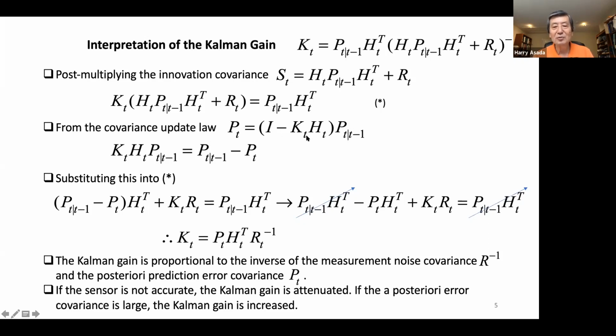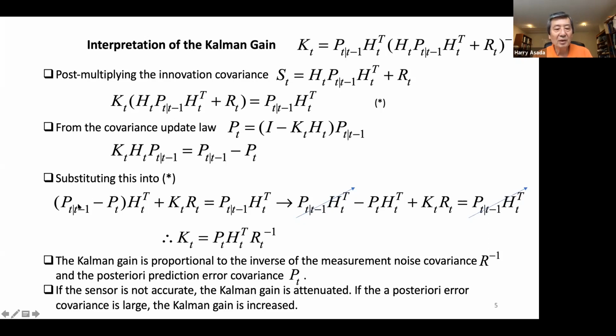So let's use this expression. First, P T|T-1 is distributed to these two terms, this product is moved to the left-hand side, and PT is moved to the other side. Then you get this expression. Now, if you look at this line, KT HT P T|T-1, exactly the same one, this particular part can be replaced by this, right?